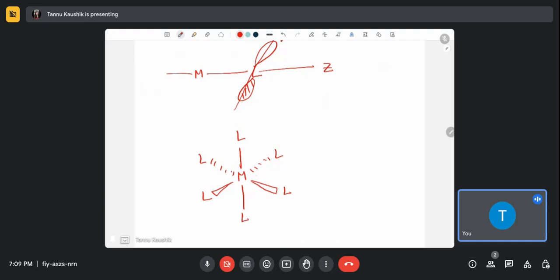So each ligand will have its own local Cartesian axis, where the bond between the ligand and metal will be considered the z axis. So here we will have the Cartesian axes like this.